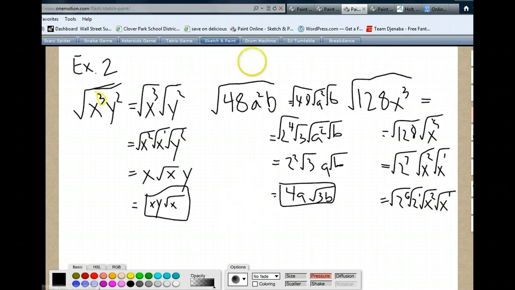Okay, so again, taking 1/2 of 6, which is 3. This goes to x, and then the 2 to the 1st and the x to the 1st stay inside my radical symbol.